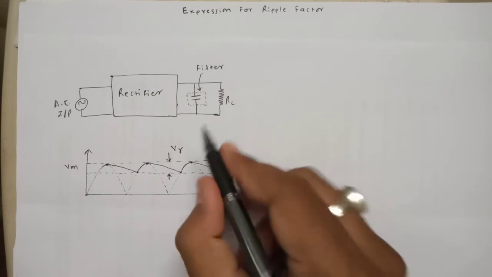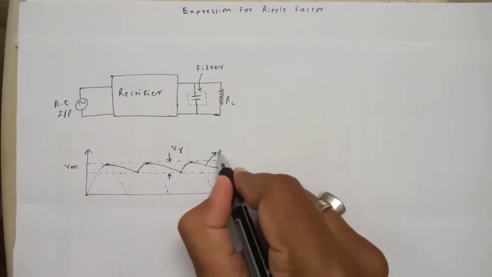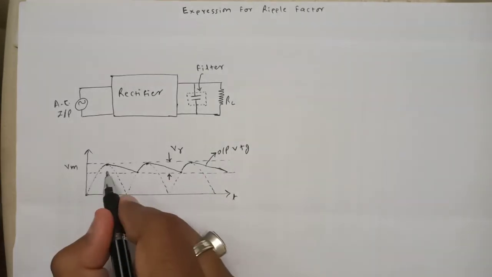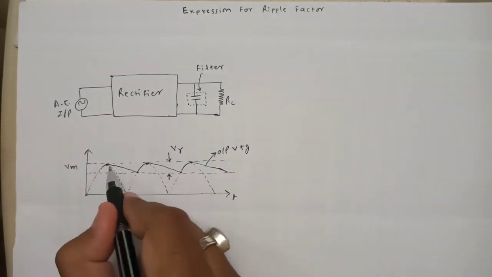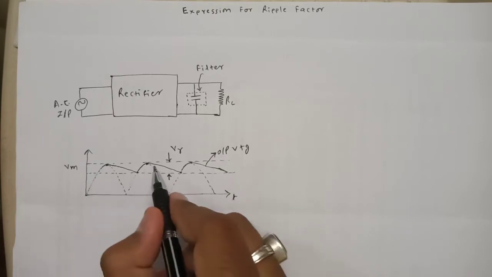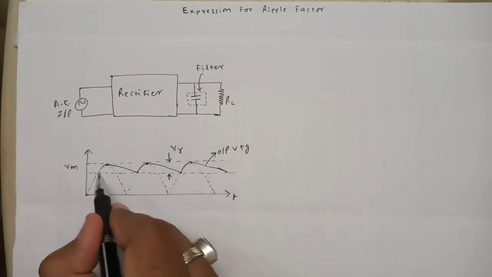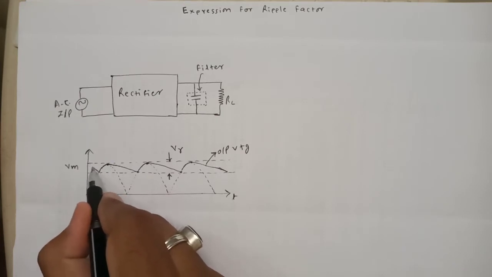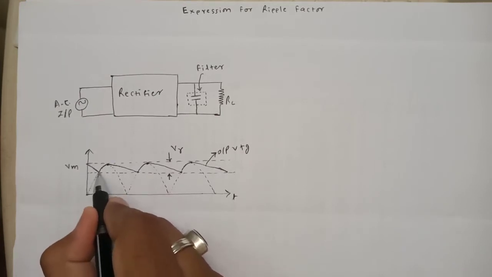So this we can call the output voltage. Another modification I am suggesting is that I am considering the output waveform in a steady state, so I will take this waveform to be smoothed out like this. So this I am considering as a steady state waveform.